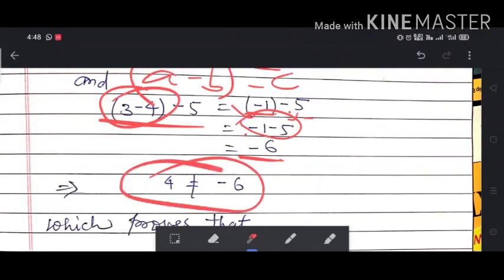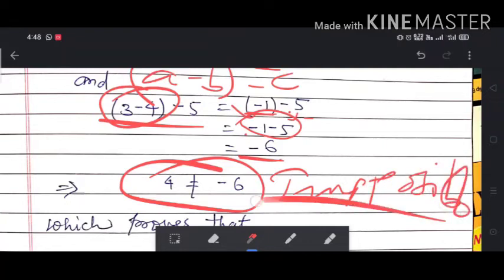Okay, it is an impossible case. How can you say that 4 will equal -6? So this is impossible.